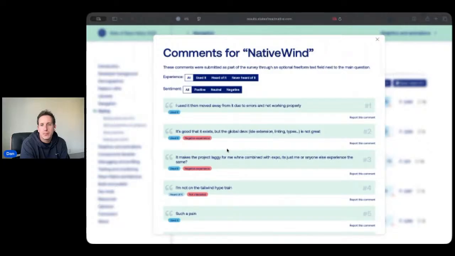So, overall, to wrap on the state of React Native, usage is up tremendously, and that's great, but we definitely have some work to do on user sentiment, developer sentiment, predominantly due to the fact that, like I said, more than half of the people using NativeWind today joined specifically during this awkward lull in our development, between October of last year and towards the end of January, beginning of February of this year.